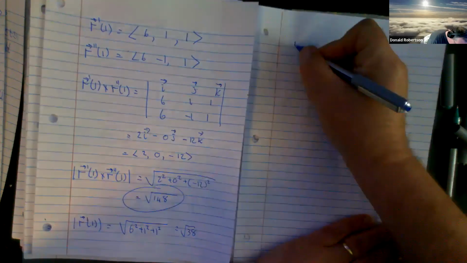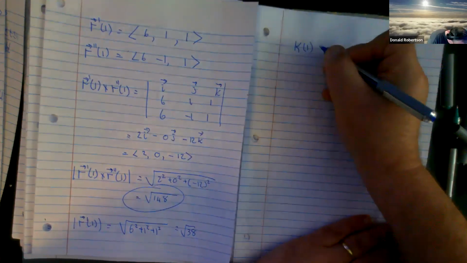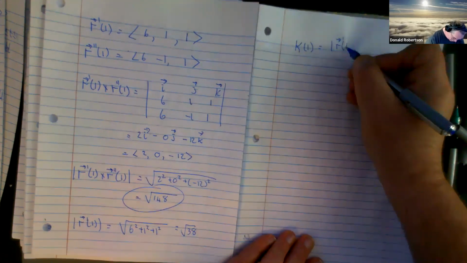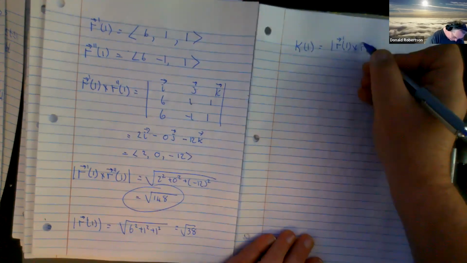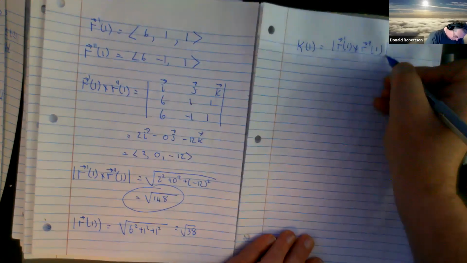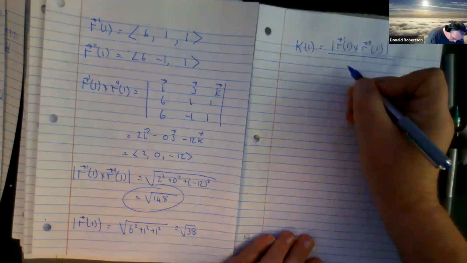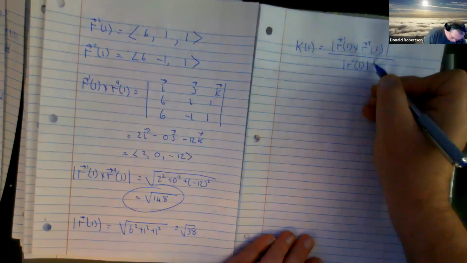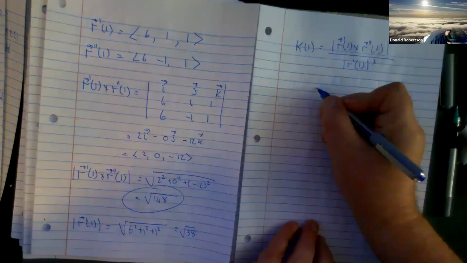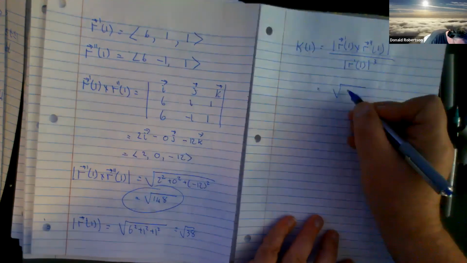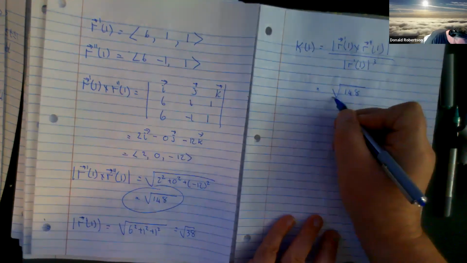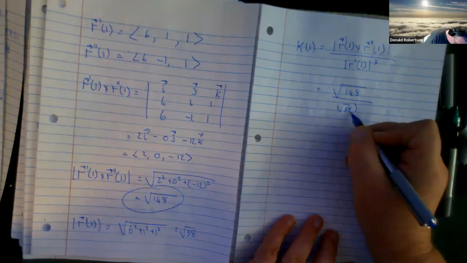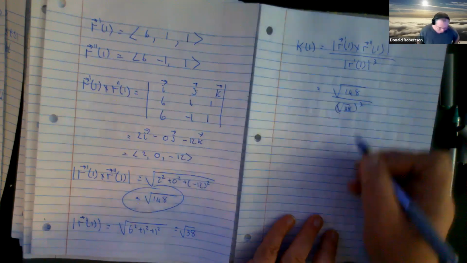So I can now find the curvature at t equals 1. It's the magnitude of the first and second derivatives cross product divided by the magnitude of that guy cubed. Oh, I forgot to cube that guy. So it's going to be the square root of 148 all over the square root of 38 cubed.